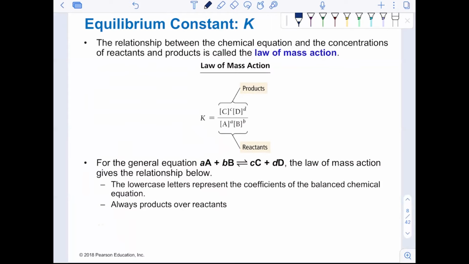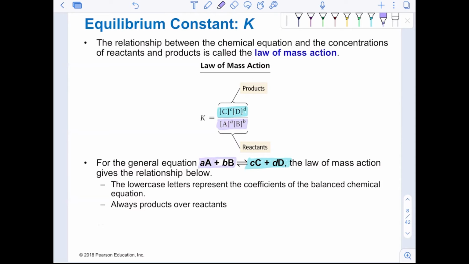Now, with this law of mass action, the balanced chemical equation, that overall balanced equation, will determine the way we calculate K. Notice that it is products, C and D for this generic reaction down here, divided by reactants, just like we talked about earlier.